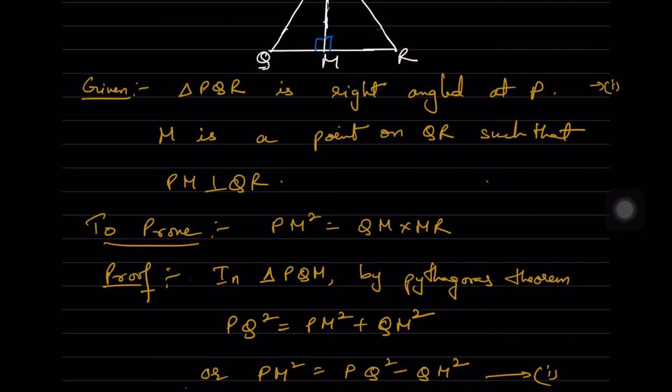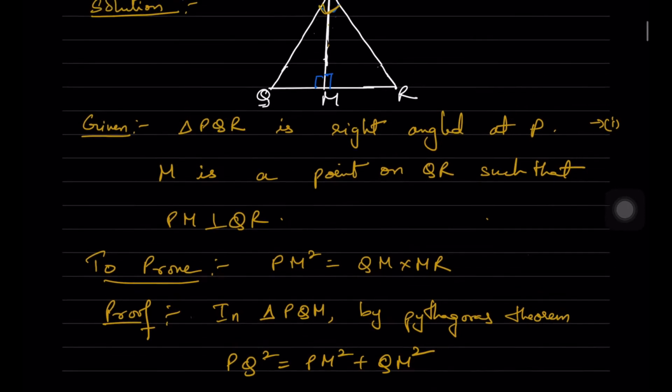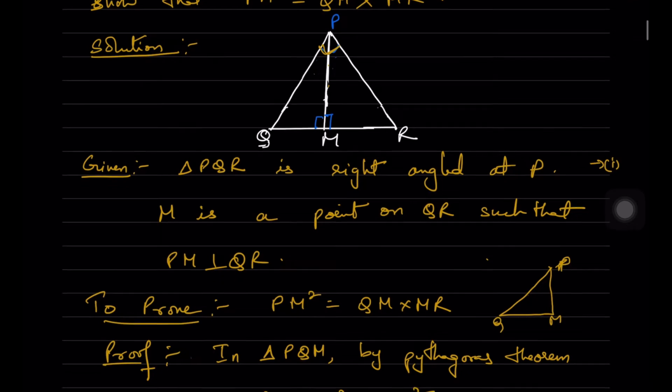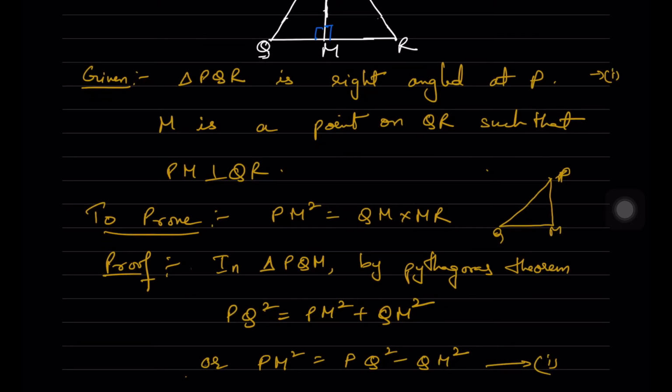So for the proof, considering triangle PQM, by Pythagoras theorem you can see that PQ square is equal to PM square plus QM square.